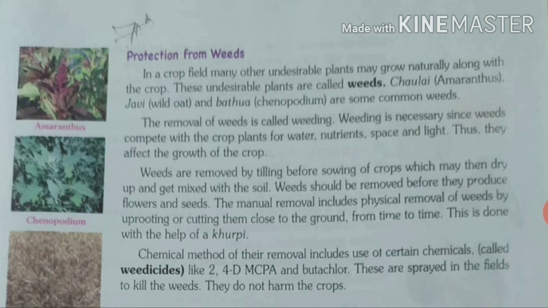Since weedicides are poisonous chemicals, spraying of weedicides may affect the health of a person who handles the sprayer. The weedicides should be sprayed on the standing crops very carefully. During the spraying of weedicides, the person should cover his nose and mouth properly with a piece of cloth.